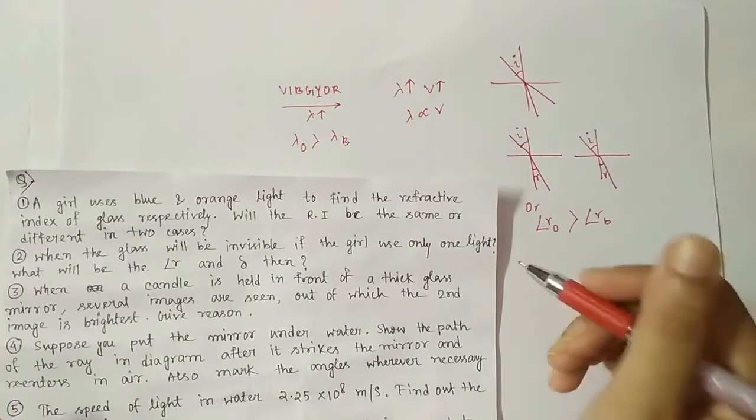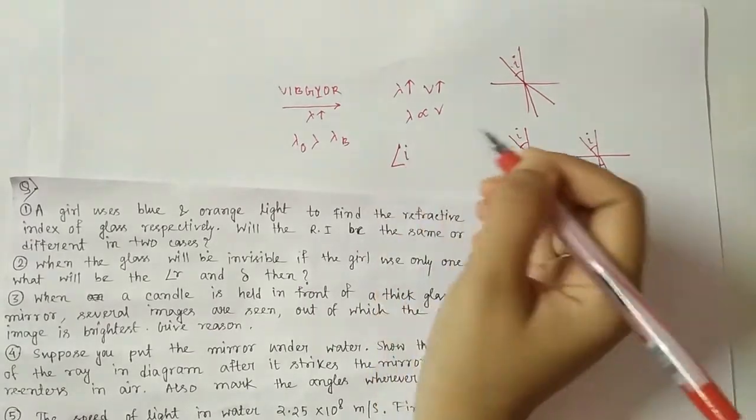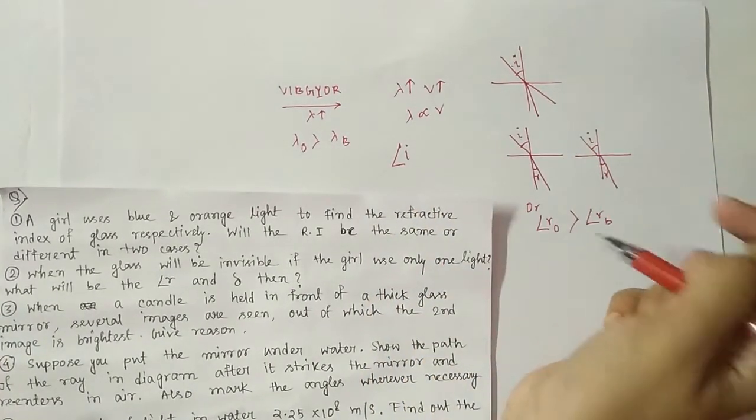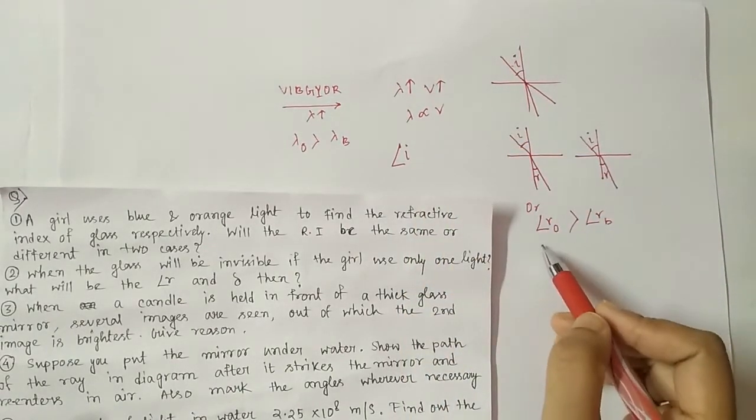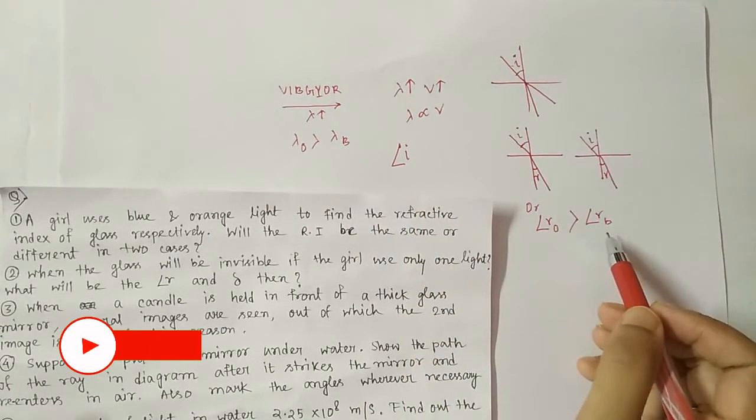So though the angle of incidence is the same for both lights, the angle of refraction is not the same, and it is greater for orange light than for blue light.